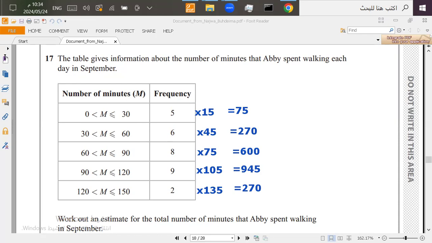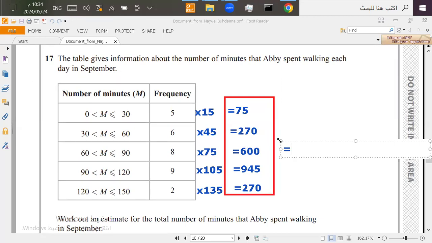It means when we add them together, I'll get the total number of minutes that she spent walking in September. So I'm going to add all of these together to get the answer that I want. So 75 plus 270 plus 600 plus 945 plus 270, I will get 2,160.